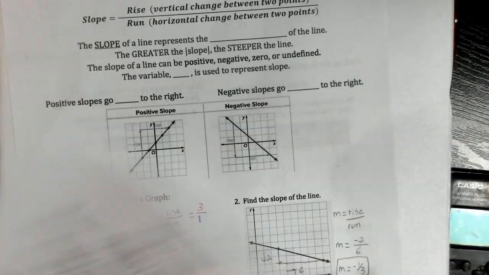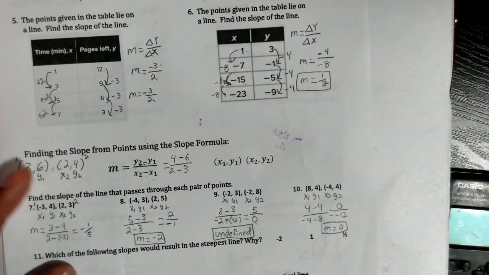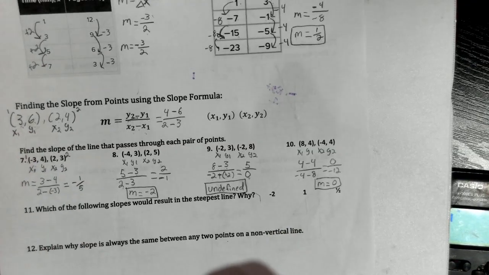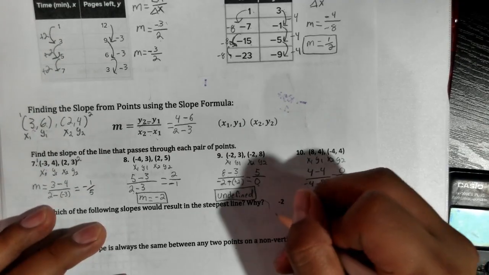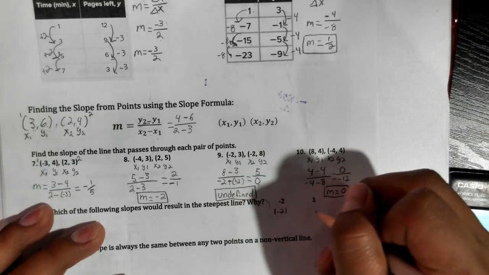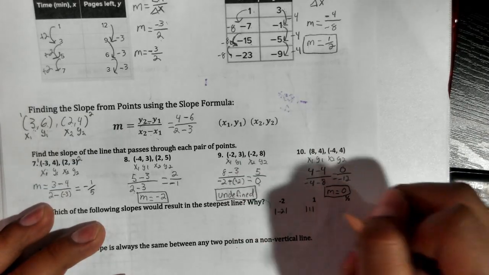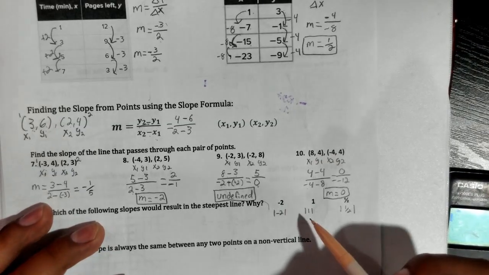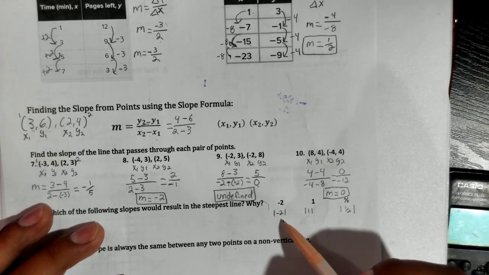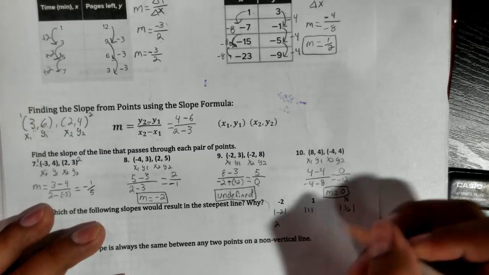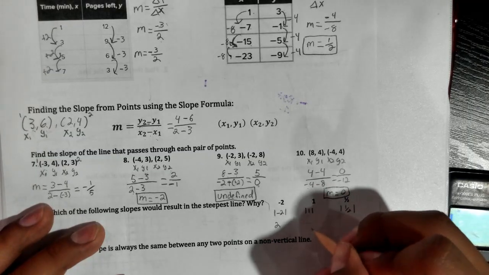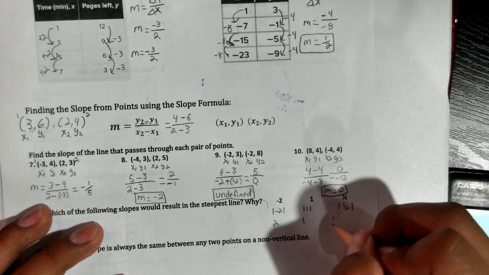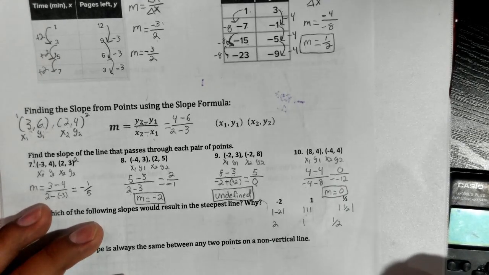Okay, so with that being said, let's look at these guys here. Our options are negative 2, 1, and 1/2. So we're looking for the absolute value of negative 2, absolute value of 1, and the absolute value of 1/2. We just did this in our example. The absolute value of negative 2 would just be 2. The absolute value of 1 would be 1. And the absolute value of 1/2 would just be 1/2.